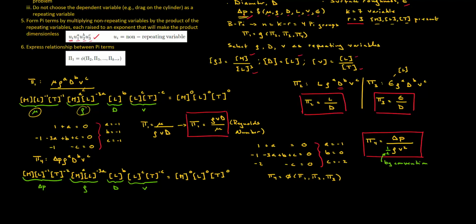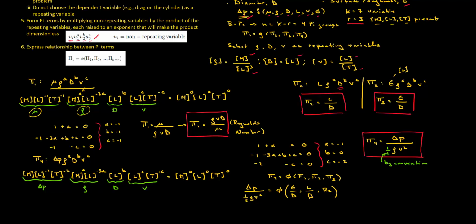Okay, so our dimensionless pressure drop is a function of the non-dimensional surface roughness, the non-dimensional length between the 2 points between which we want to evaluate the pressure drop, and the Reynolds number.